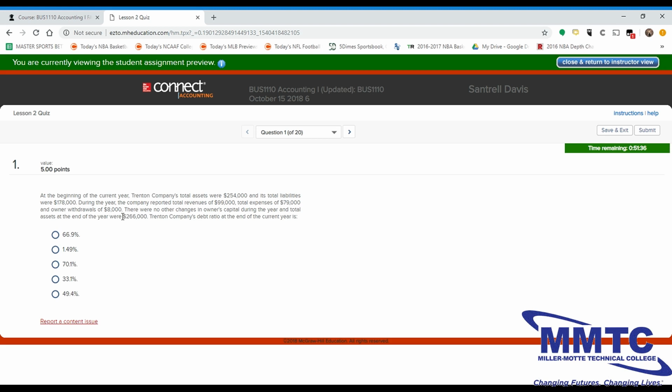Remember I asked Mr. Coates, did they say anything about beginning equity? Because we got to have that to add it to the ending equity. Alright, so add 72K plus 12K. Gives us what? 84K? Yeah. So now 84K is our equity.